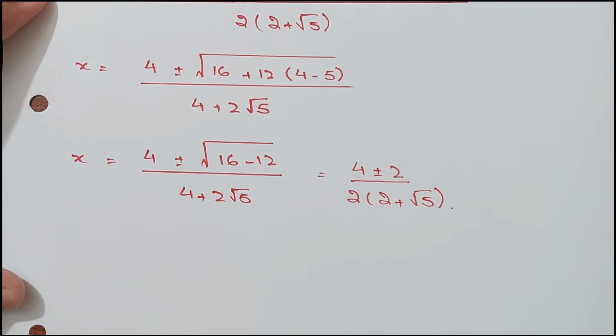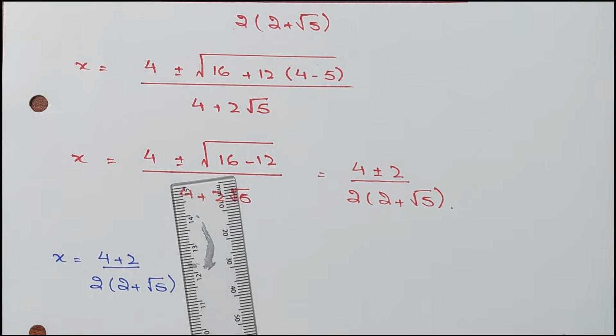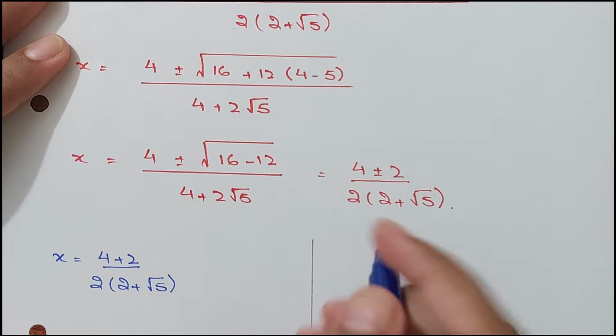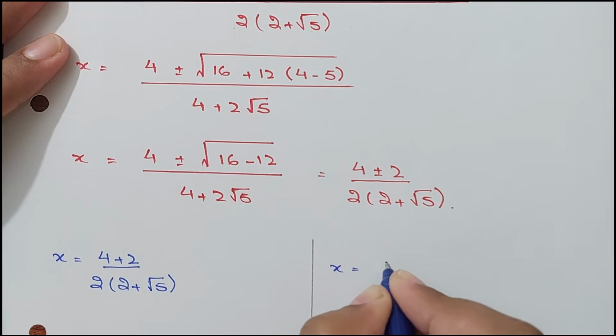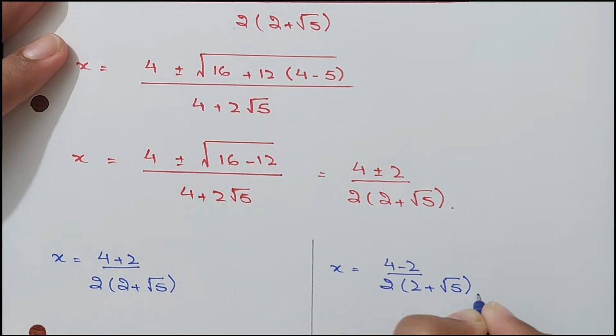For the first root, x equals 4 plus 2 divided by 2 into 2 plus square root of 5. And for the second root, x equals 4 minus 2 divided by 2 into 2 plus square root of 5.